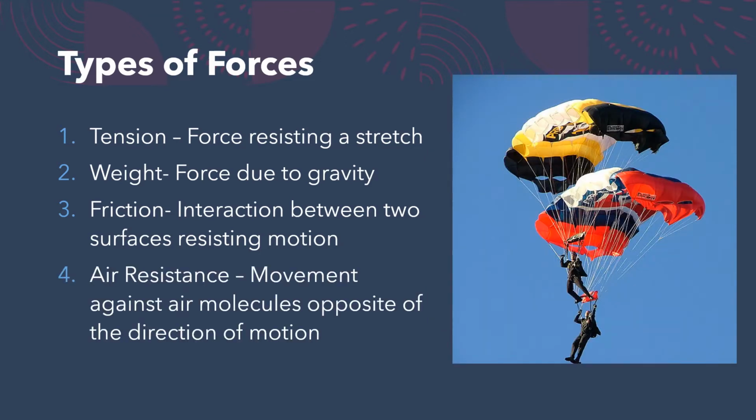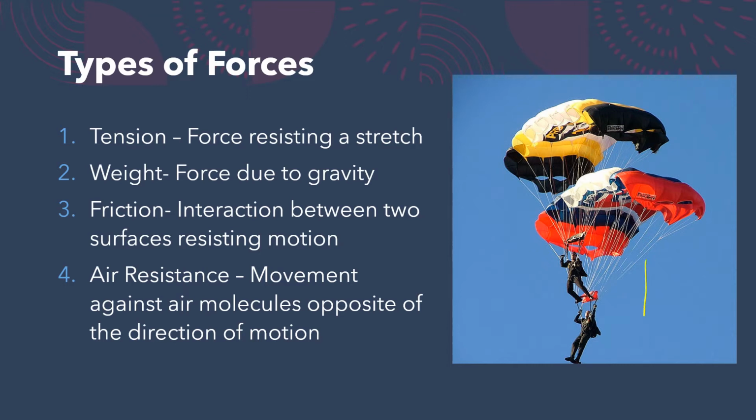Fourth force is called air resistance. Okay, air resistance arises from the movement of an object against air molecules, right? And that force is going to be opposite of the direction of motion. So as things move, they run into air molecules, they bump into them, okay? And so in this case, you have the people falling down.